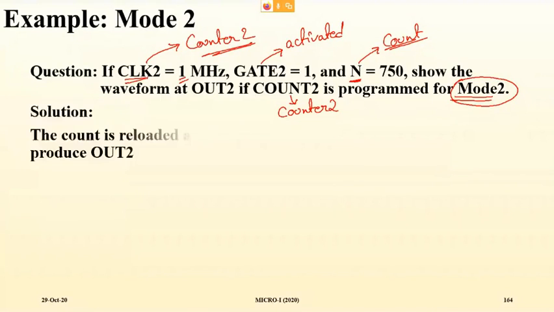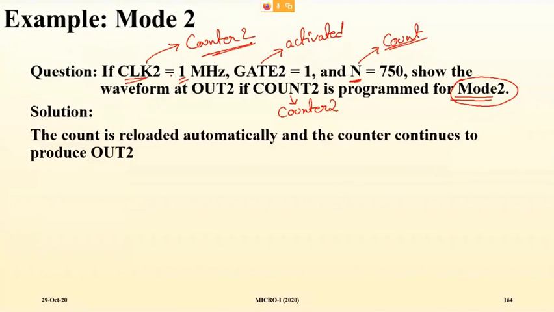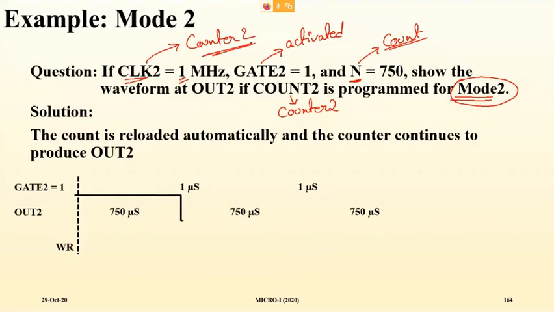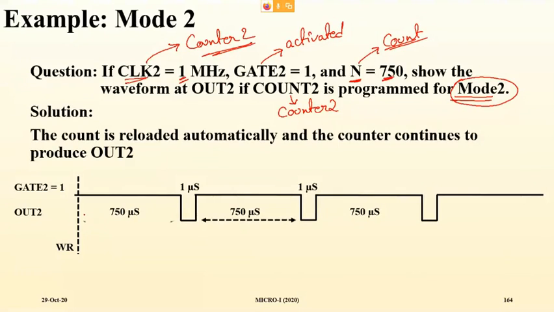Because clock 2 is 1 megahertz, the period is 1 microsecond. Now 750 is loaded to the count, so for 750 microseconds it will remain high.